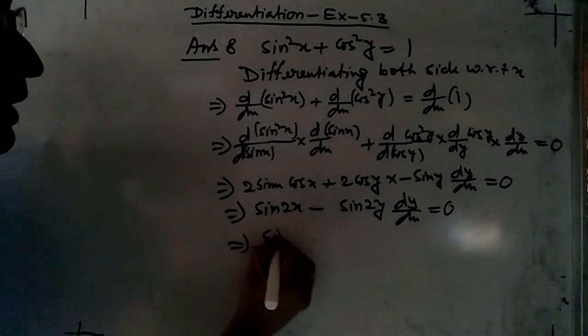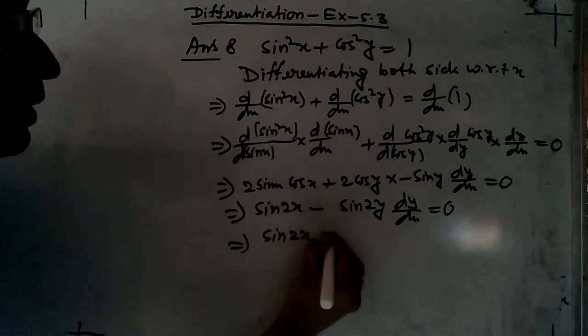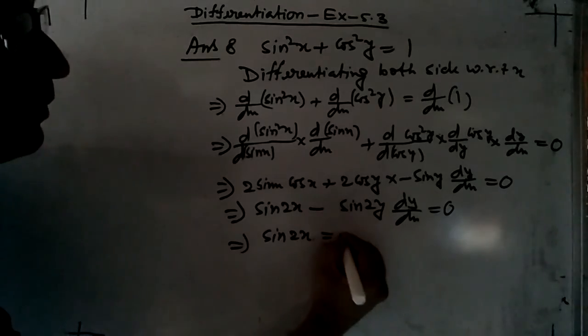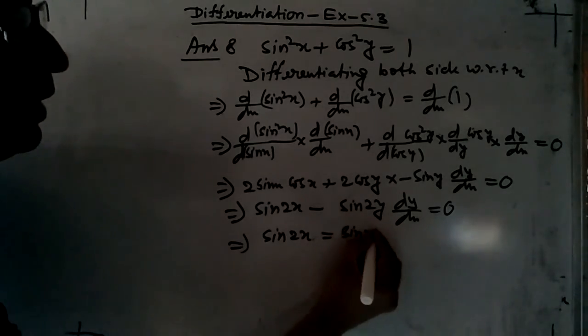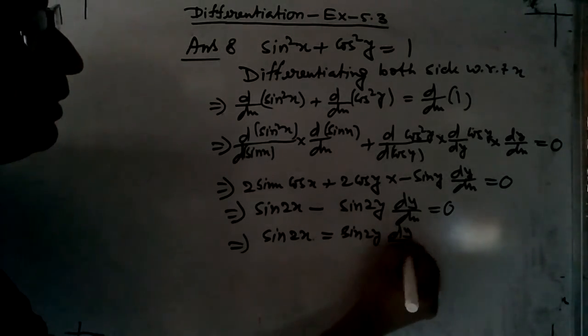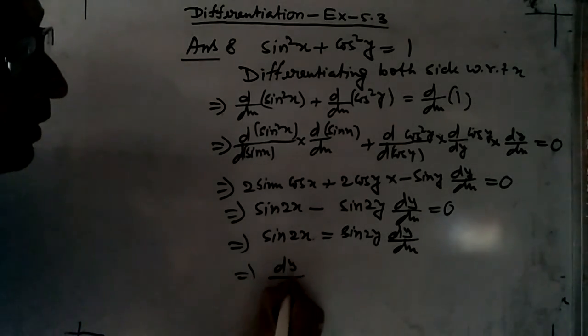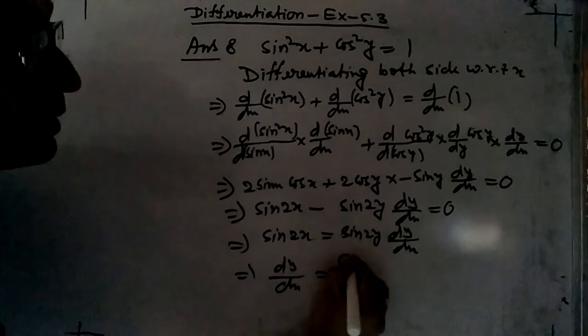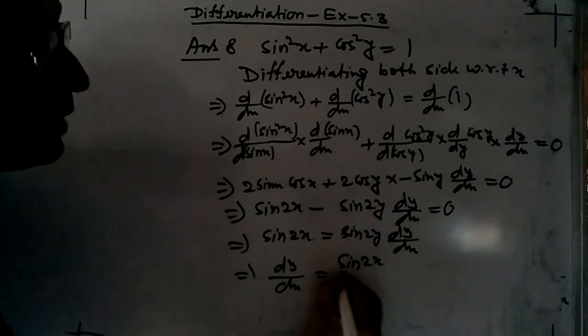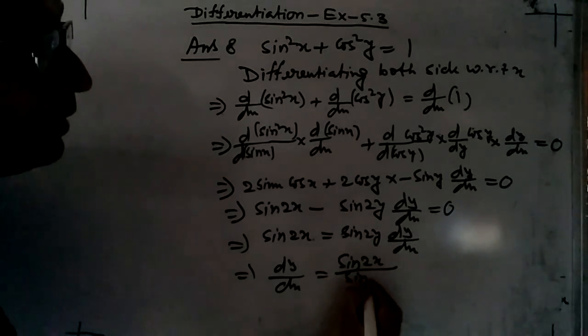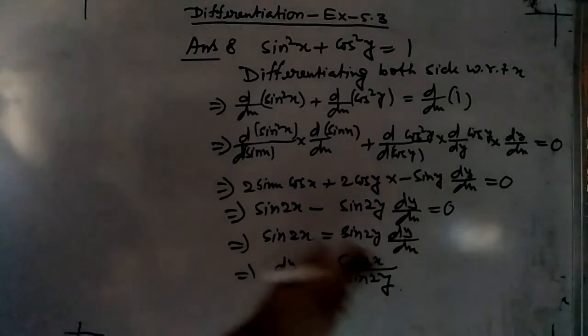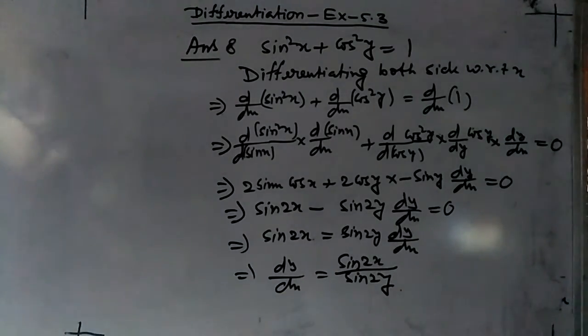So sin 2x equals to, bring this side, sin 2y dy by dx. So dy by dx equals to sin 2x upon sin 2y. This is the answer. Thank you. Remaining questions you will solve as assignment.